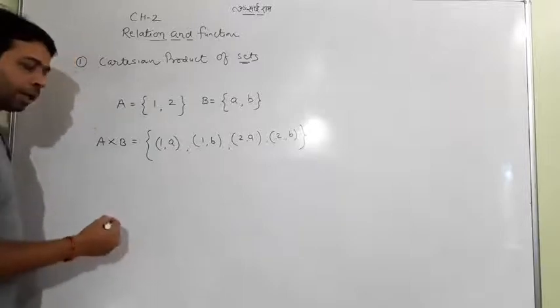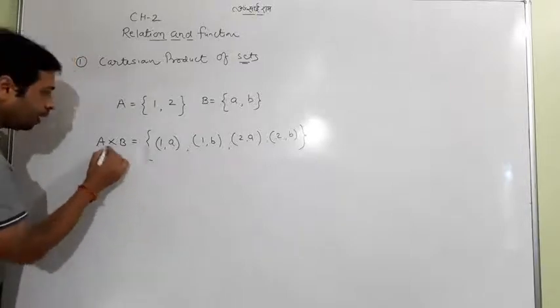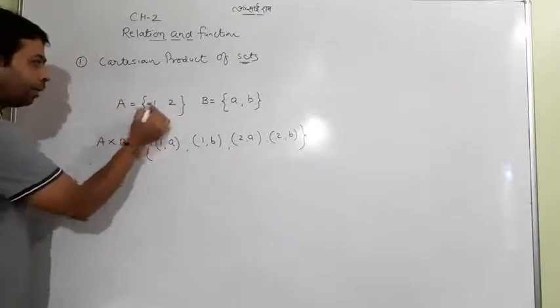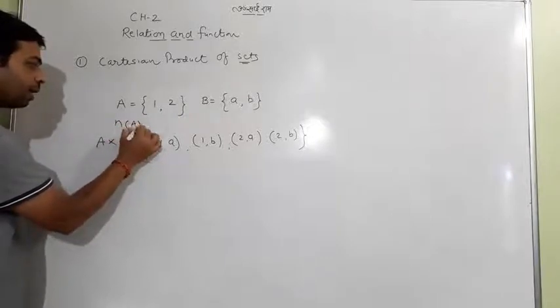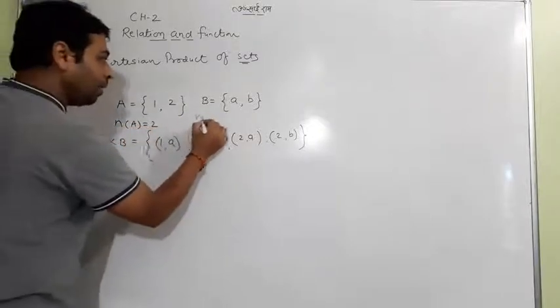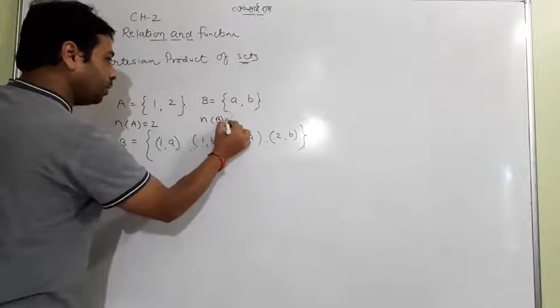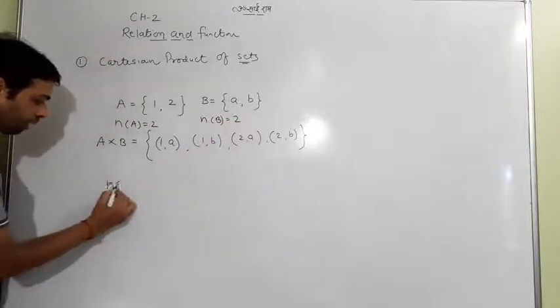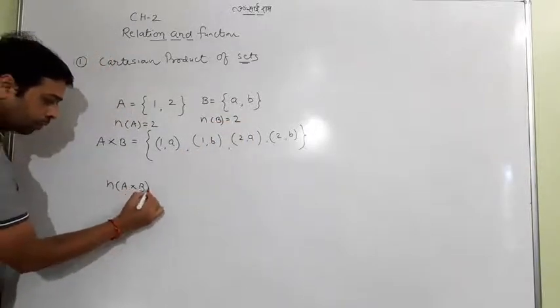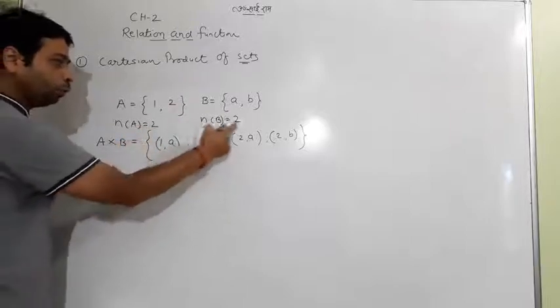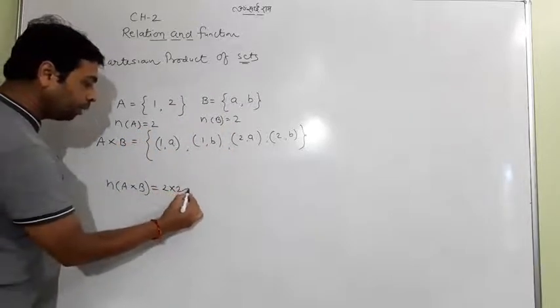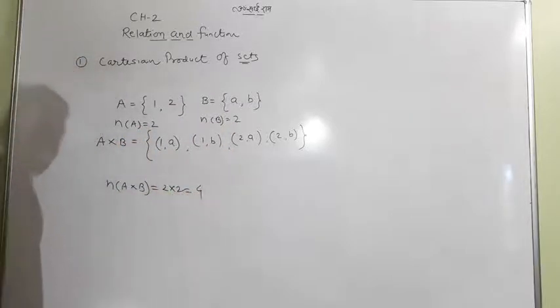So I would say again that if A has two elements, n(A) is 2, and B has two elements, n(B) is 2, so n(A cross B) will have 2 into 2 elements, meaning 4 elements. That is very simple.